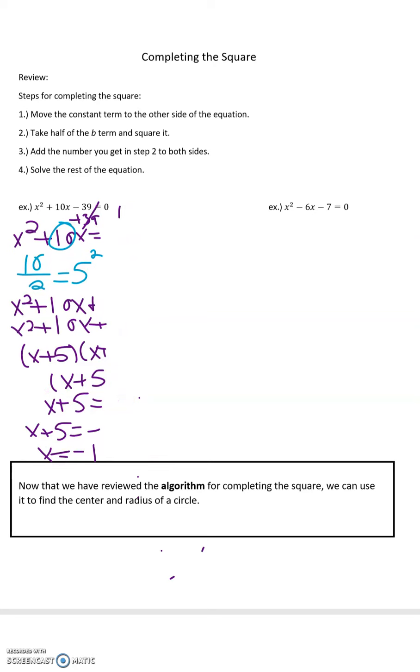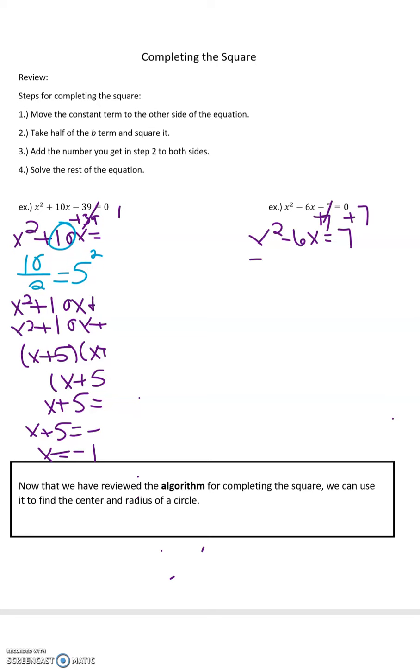Okay. So example number 2, we start by moving the constant term to the other side. So moving 7 to the other side, that's x squared minus 6x equals 7.